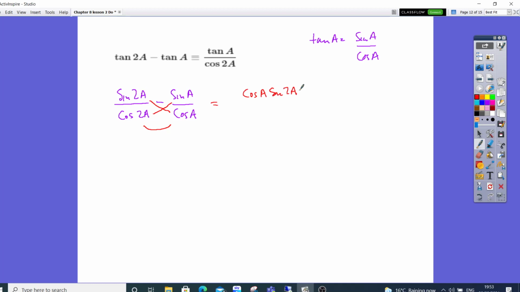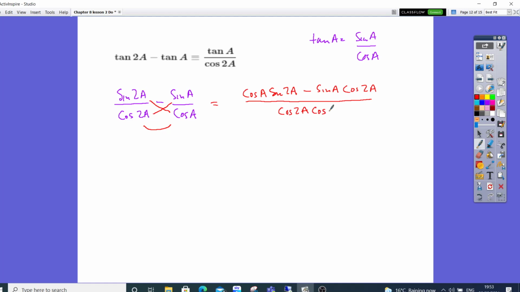If you times that at the top, you're going to get the minus between them, sine a times cos 2a. And times these two, the denominators together, you're going to get cos 2a cos a.